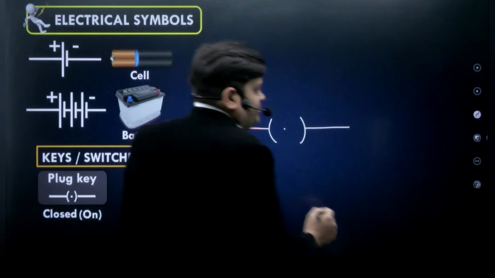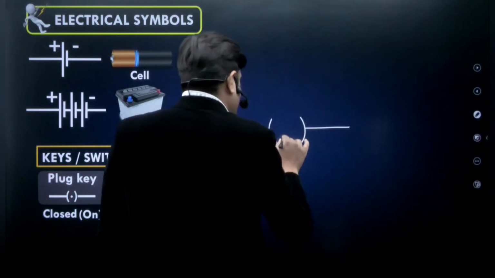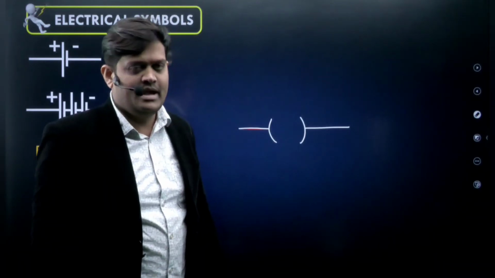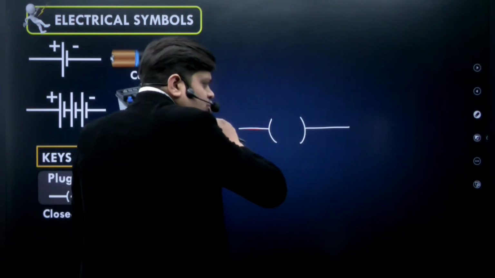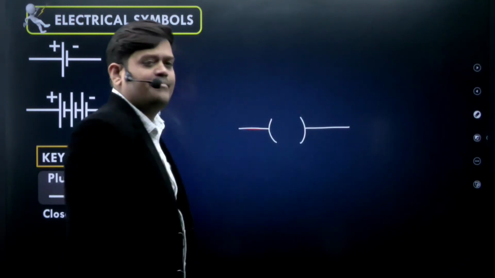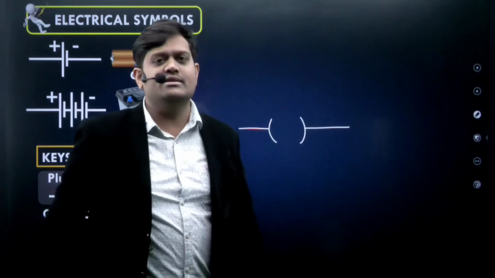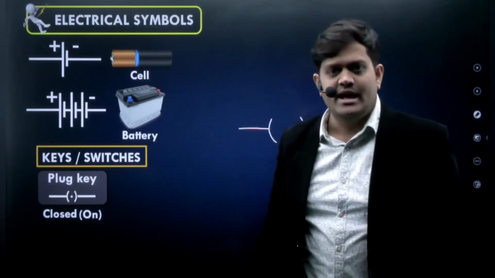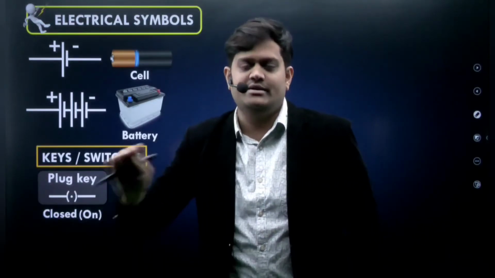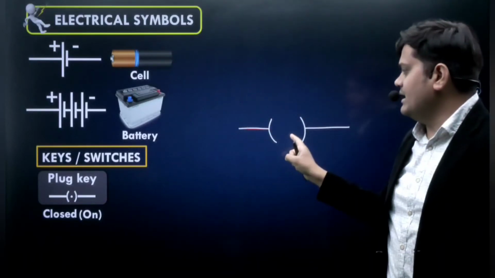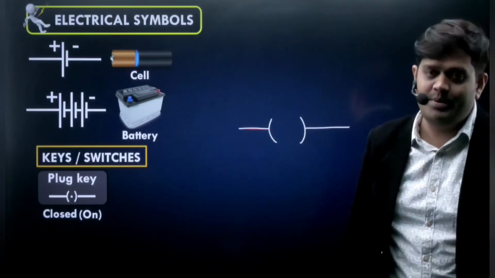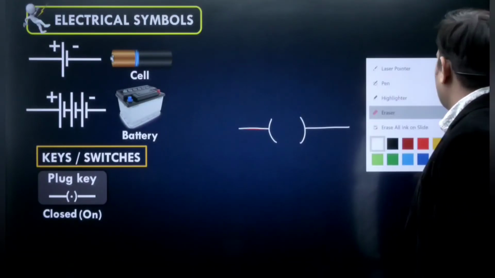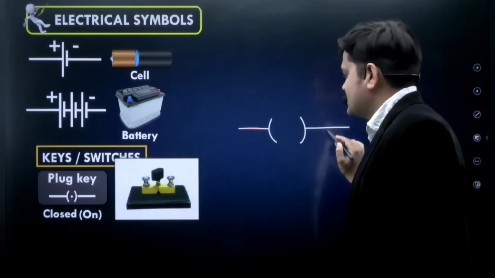And if it is like this, it means the key is open. And if the key is open, then there is no connection from here to here. It means no current is flowing in this. So my dear, if the key is like this, it means the key is closed, and the current is flowing in it. And if the key is like this, it is called open key, and no current is flowing in it. Okay, so the concept of the open and closed key is completed.